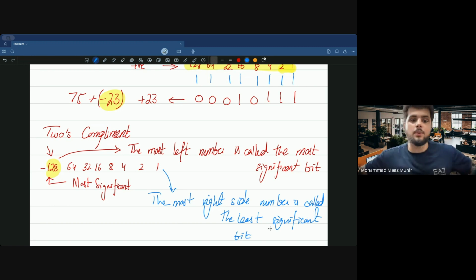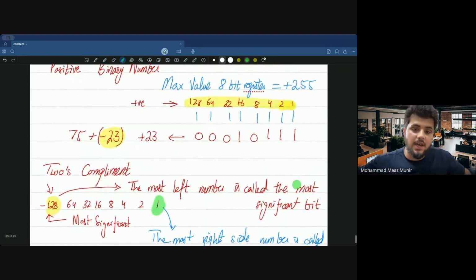So we have the most significant bit, which is the most left side bit, and then we have the least significant bit, which is the most right-hand side bit.